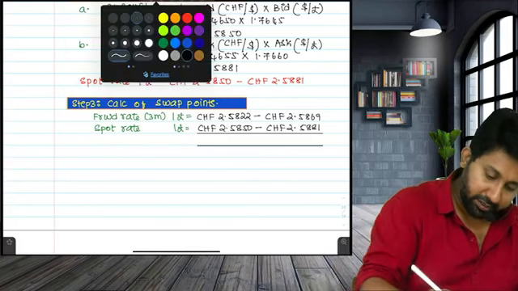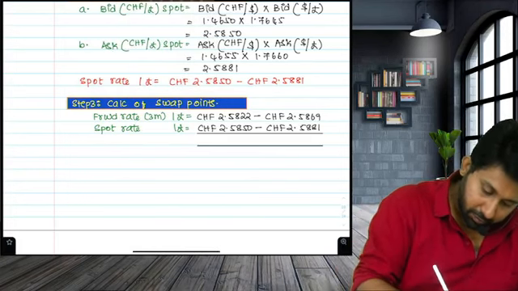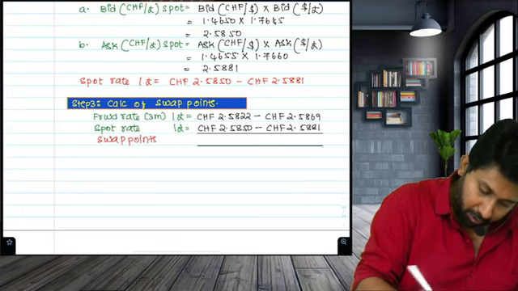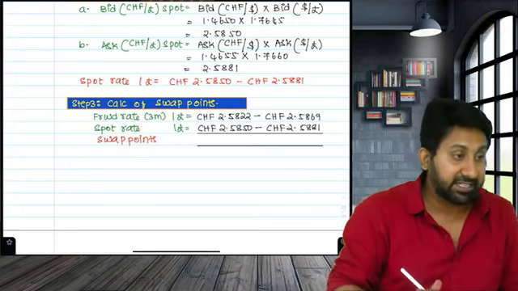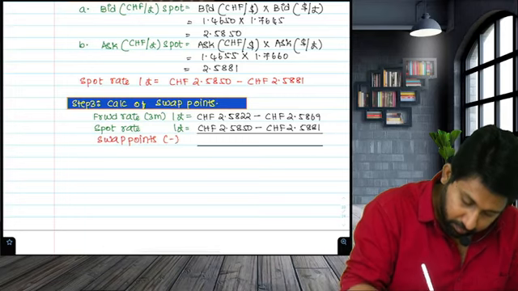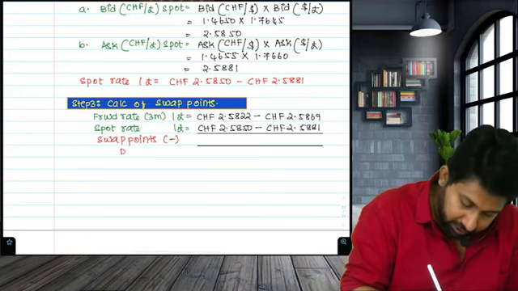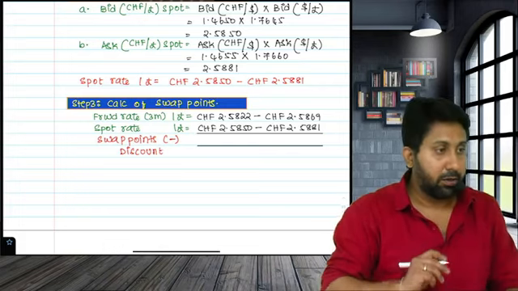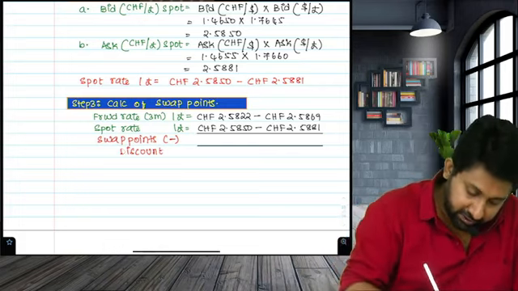Okay, let us see now. Swap points: forward is lesser than spot, so there is a discount, not a premium.